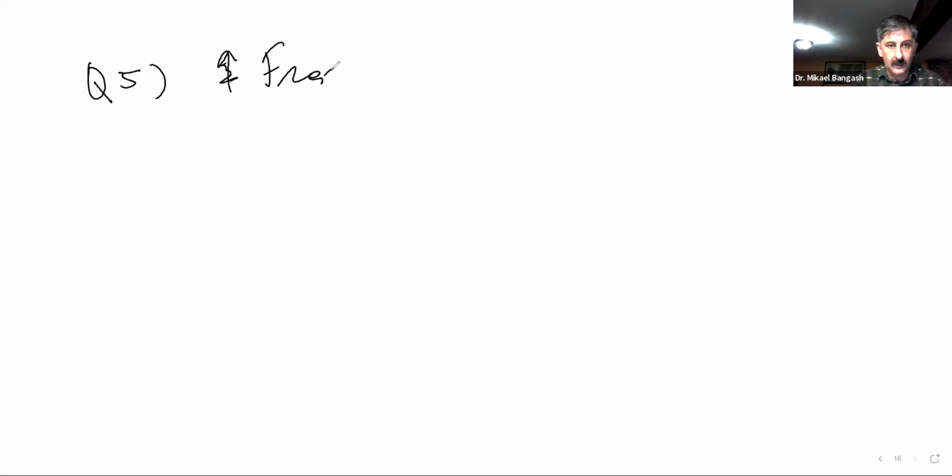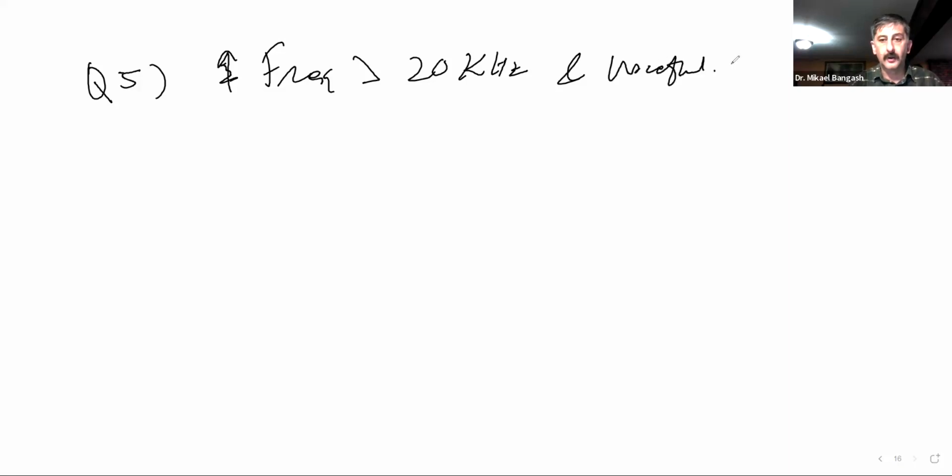A frequency that is greater than 20 kilohertz, and useful in diagnostic sonography. And what would that range be? Between 2 megahertz and 15 megahertz.